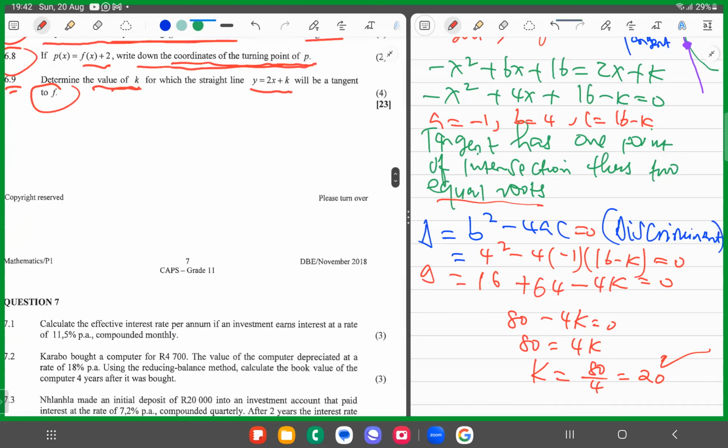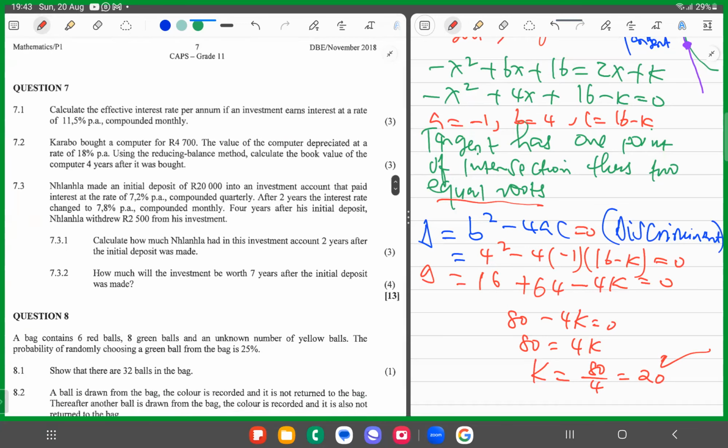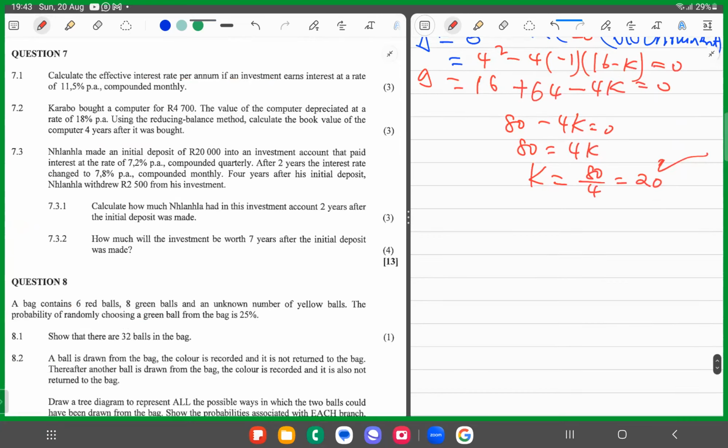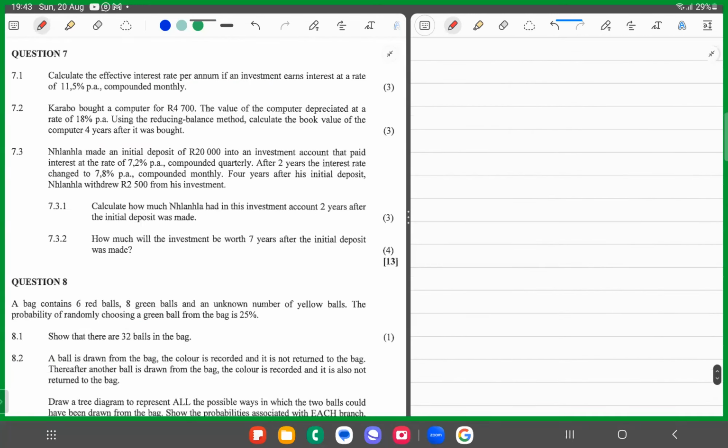Okay, we continue with the functions and graphs, but also we tap into something we call financial mathematics. Question 7. So we need to understand mathematics of finance, or what we call financial mathematics.